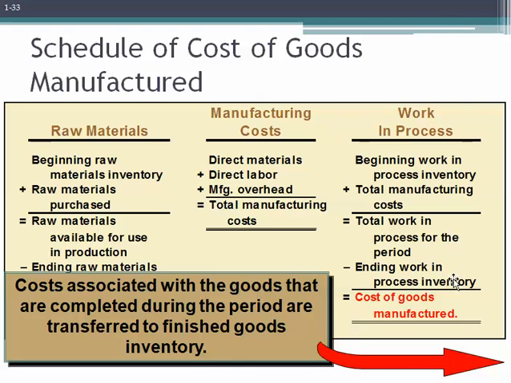We'll then subtract our ending work in process inventory to calculate our cost of goods manufactured. So again, anything we start with plus cost that we've added needs to equal our ending work in process inventory plus the cost of any goods manufactured or transferred out to finished goods inventory.